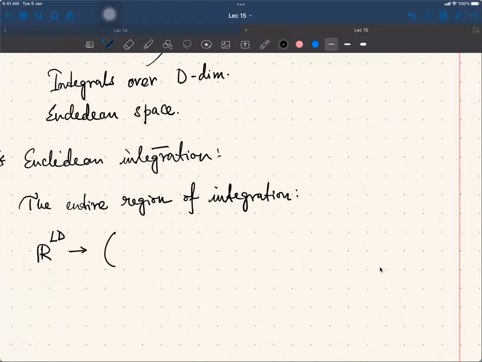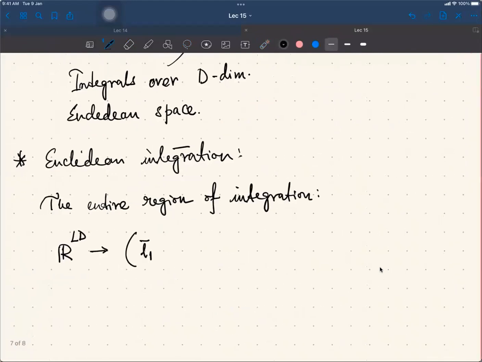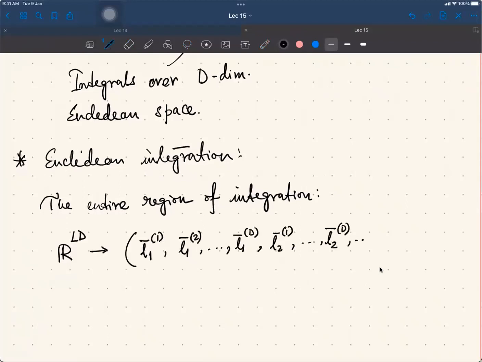and they are given by this L1 bar, and their Cartesian components 1, then 2, and so on, L bar 1 d, then L bar 2 1 2, L bar 2 d. This way, L bar L 1 2, L bar L d.